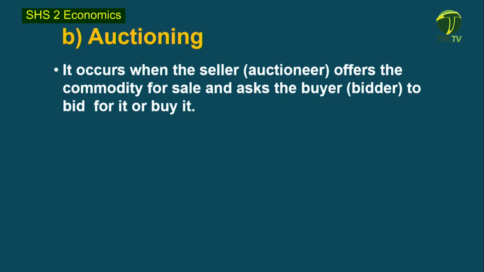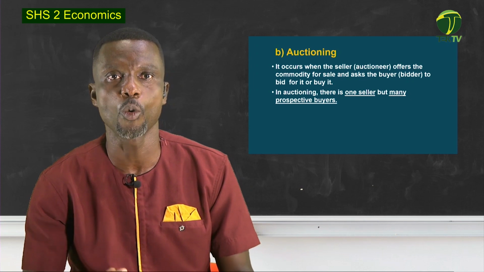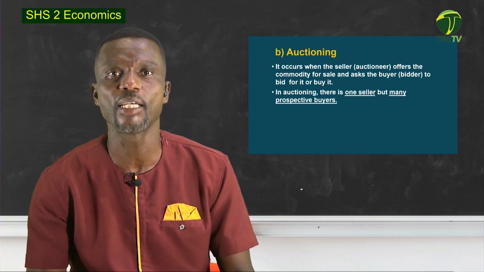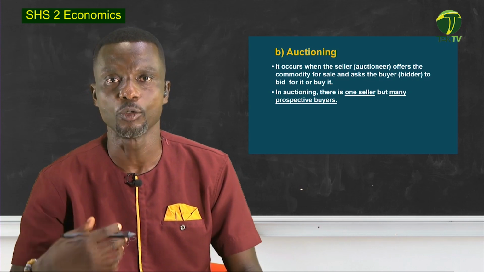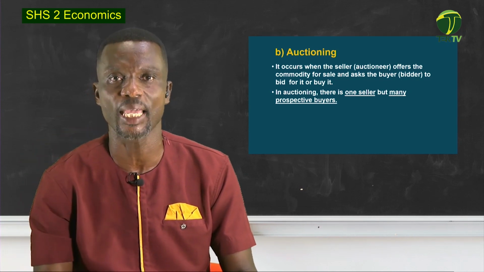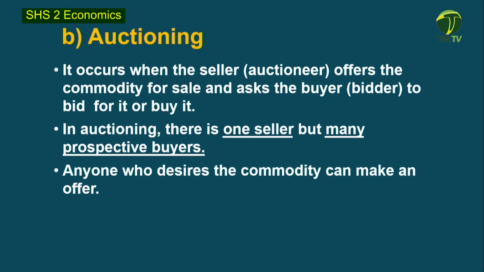So the seller will ask the bidder to buy the commodity, and the process continues. In auctioning, there's only one seller, but many prospective buyers. He will just ask those prospective buyers to bid to buy the commodity.